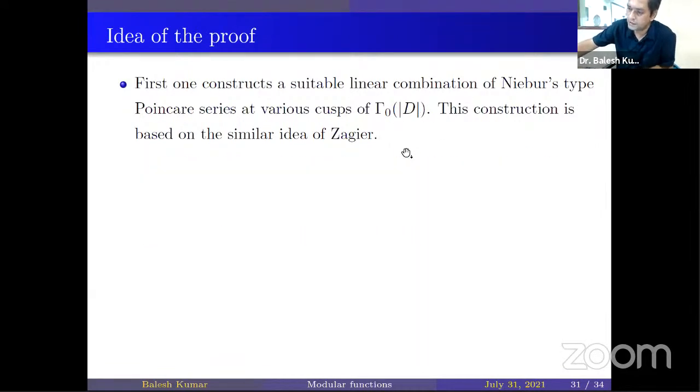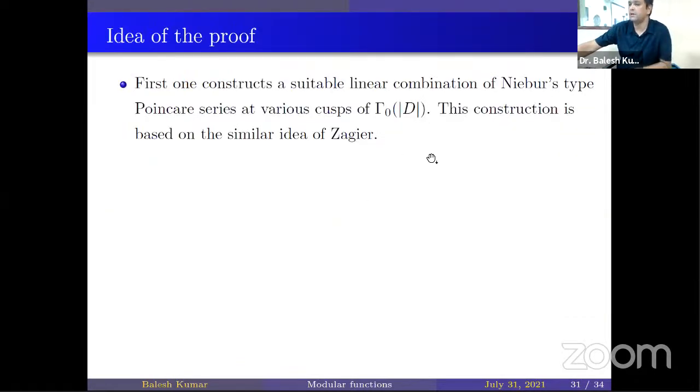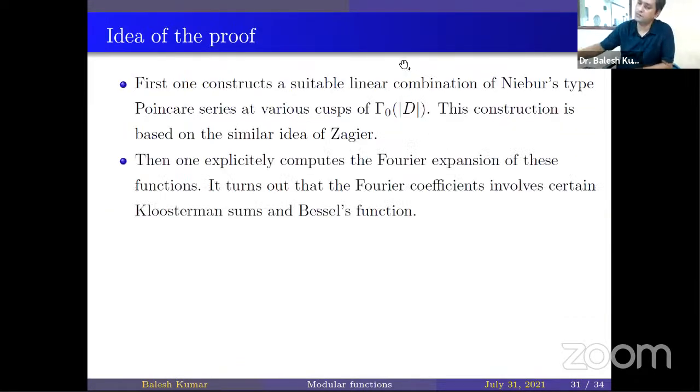And here, since D is 1 mod 4, D is square free, and then one uses the benefit of the correspondence between divisors and the cusps of Gamma_0(D). And then one needs to suitably construct Niebur type Poincaré series at various cusps, and then form a corresponding linear sum of these Niebur Poincaré series. And this is the idea of Zagier in the case of the Doi-Naganuma lifting.